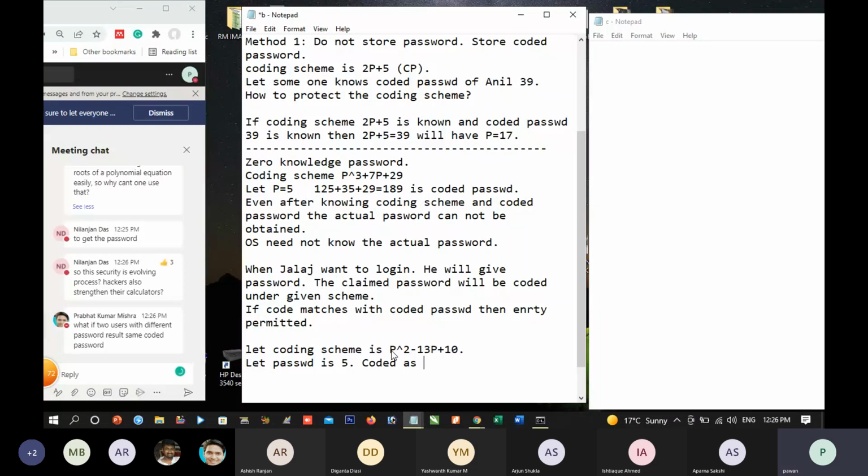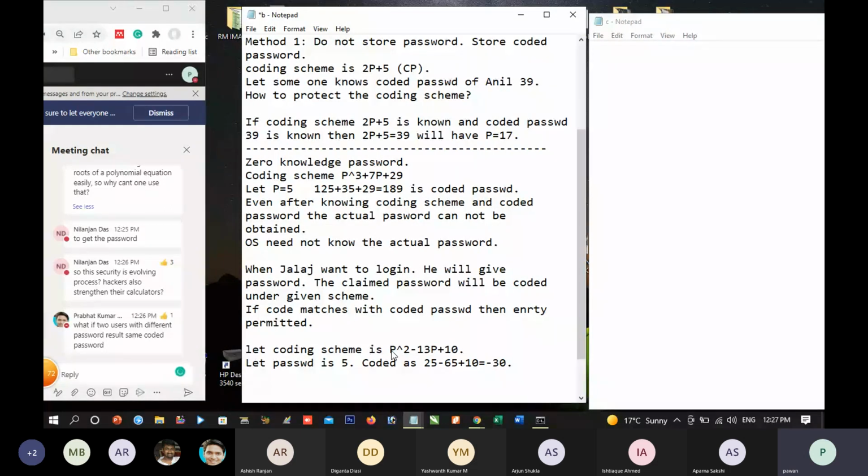That is correct. It will not make any difference. It will be coded as 25 minus 65 plus 10. This is equal to minus 30. Okay.